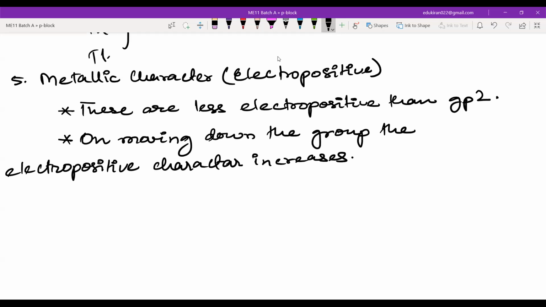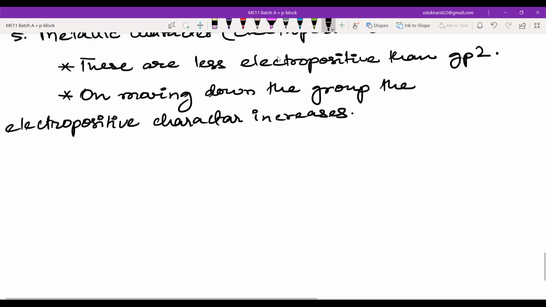Because you can see boron is a non-metal, while aluminium, gallium, thallium, indium, all of these are metals. So you can say the same thing about metallic character. It is less than group 2, but moving down the group, the metallic character starts to increase.